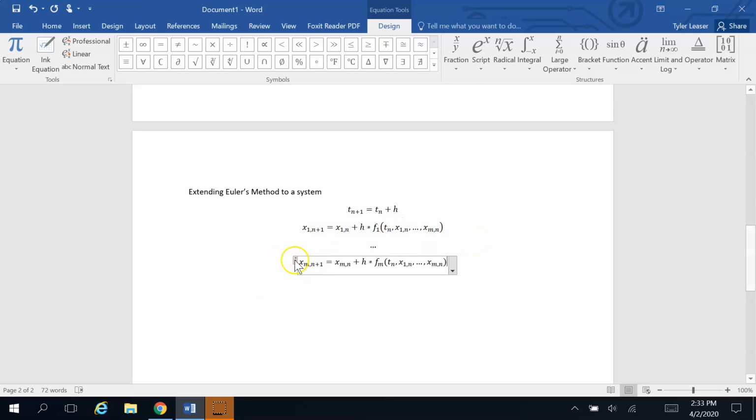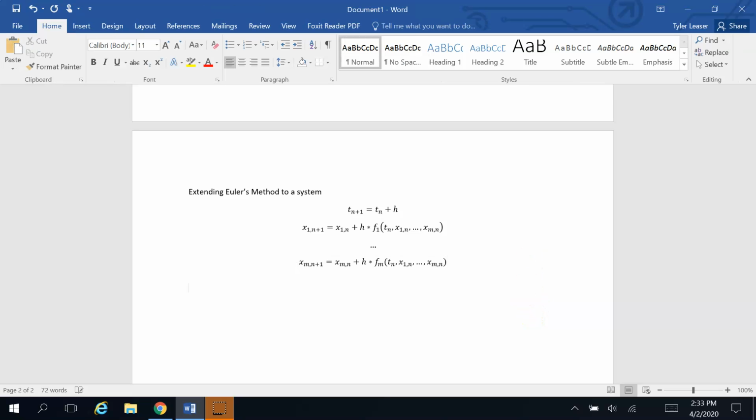All the way down until the mth variable. The mth variable next step is the previous step plus the step size times the value of that function at the previous step. We can shorthand this a little bit and write out what it would be in vector form.